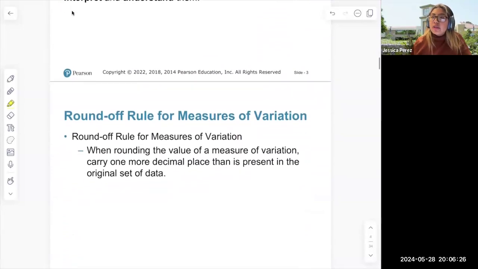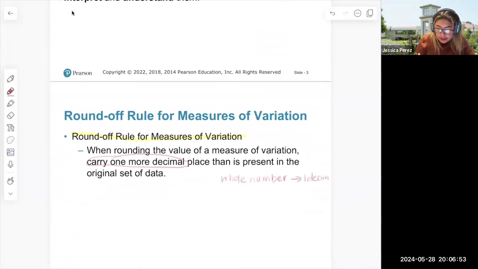What is the round-off rule? For the mean, the median, and the mode, there was one round-off rule. The round-off rule for measures of variation is that we carry one more decimal than the original data. If the original data is a whole number, we round to one decimal.